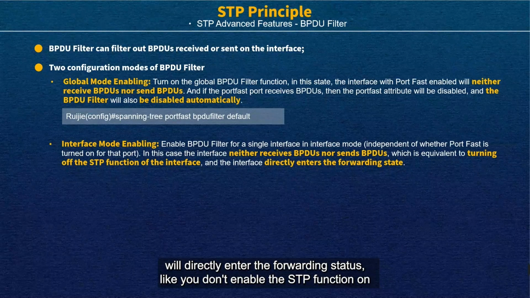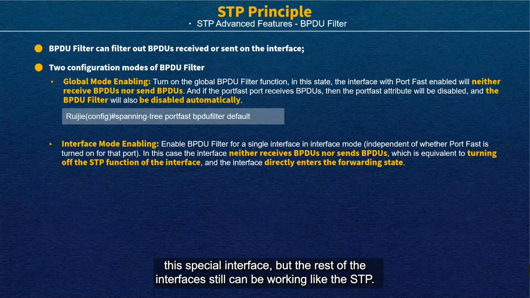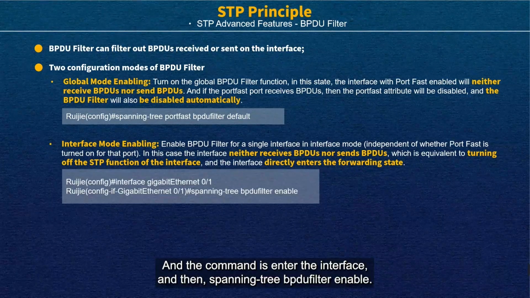It is like you don't enable the STP function on this special interface, but the rest of the interfaces can still work like STP. And the command is: enter the interface and then spanning-tree bpdufilter enable.